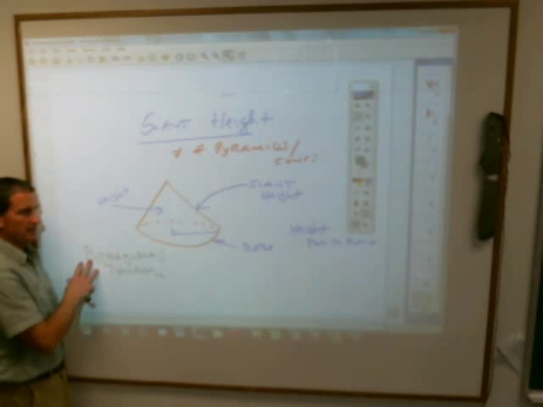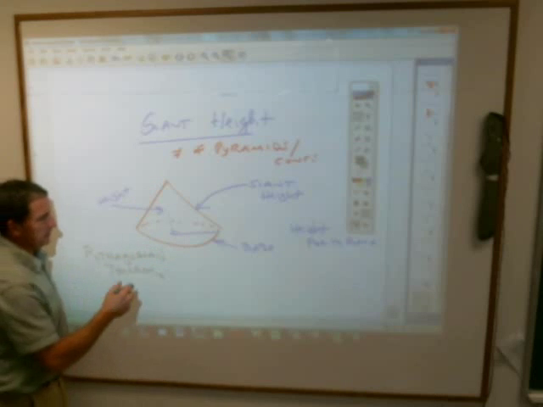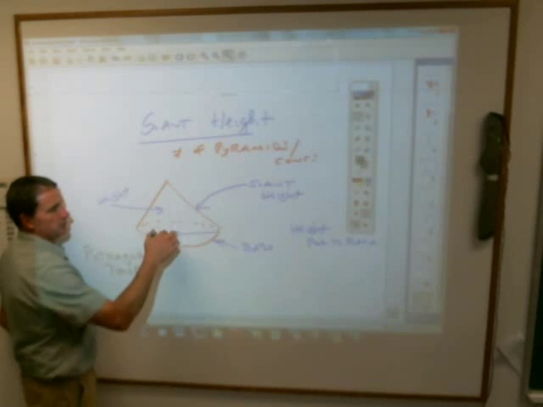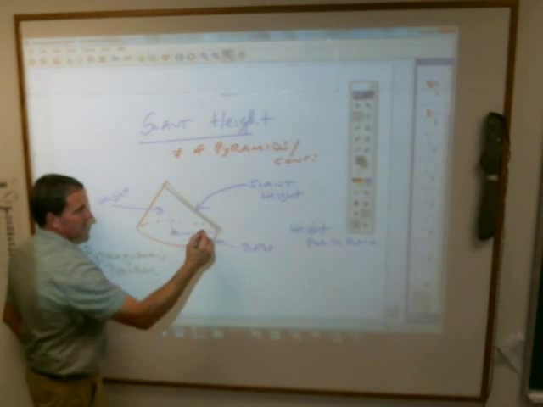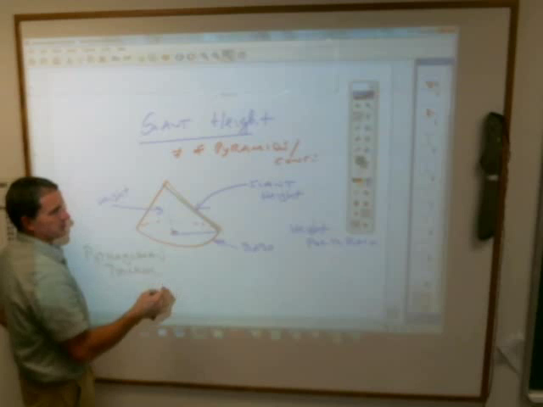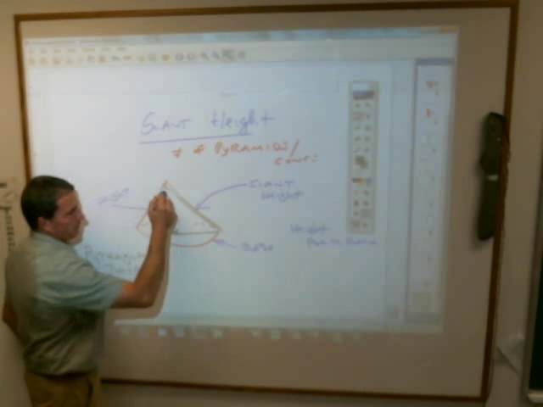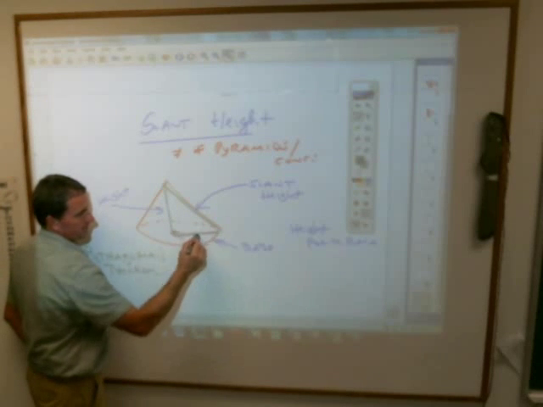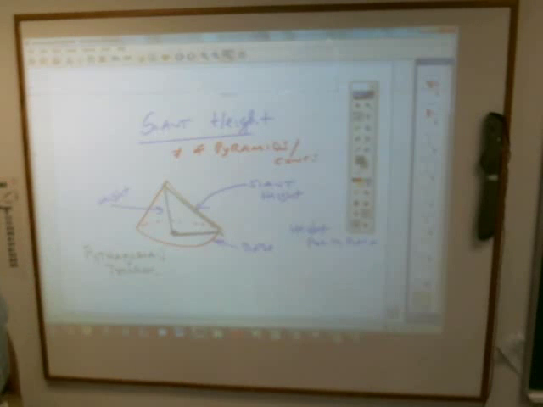And why is that? Because if you look at what I've already got drawn here, you have a right triangle, and guess what the hypotenuse of that right triangle is? It is that slant height. So you have to think a little three-dimensionally. You have to think about slicing that thing and the triangle that gets formed with the real height, the slant height, and the radius at that point right there.